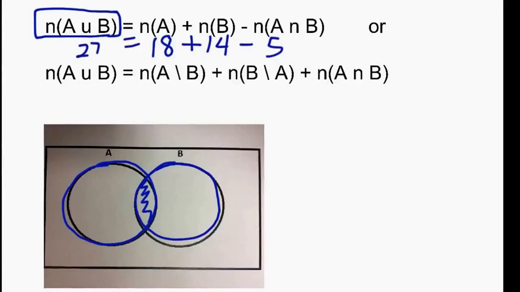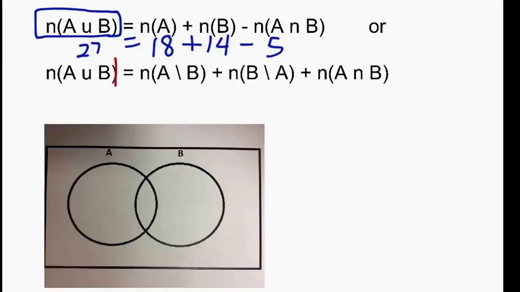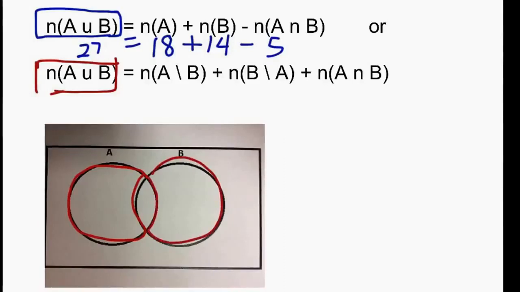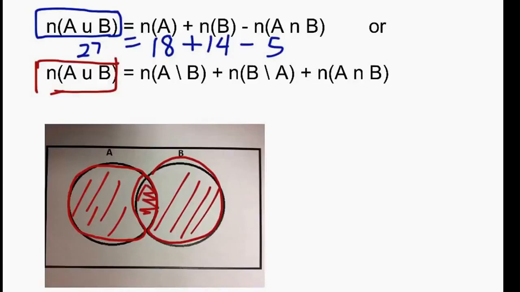Okay, and the second one that's listed here is basically what we did in the red. So let's just look at the diagram again. So now this time, in order to find the union, the other option is take all of A without B, so that would be all of the A circle without the B, so that's the Pac-Man there, plus all of the B circle without the A, so that's the other Pac-Man, and then plus the intersection.